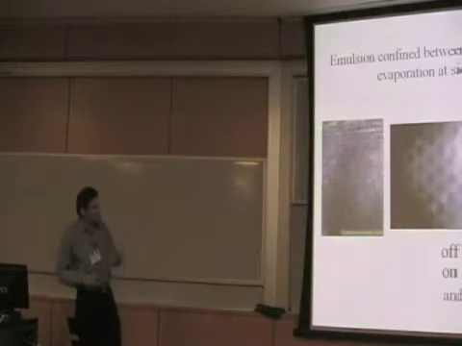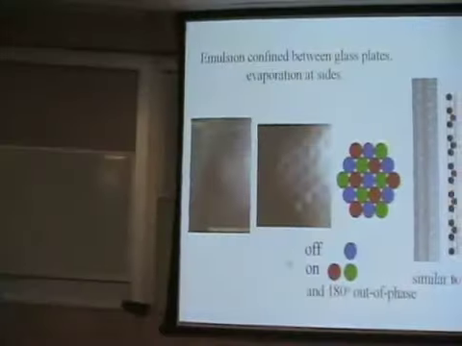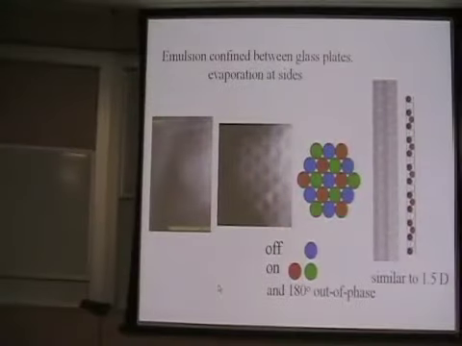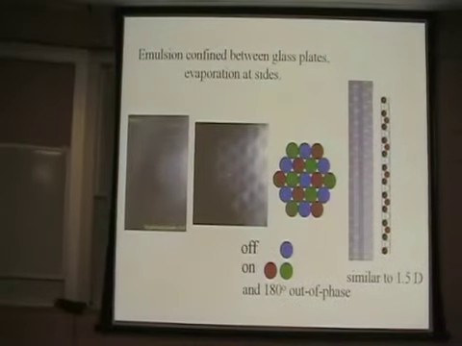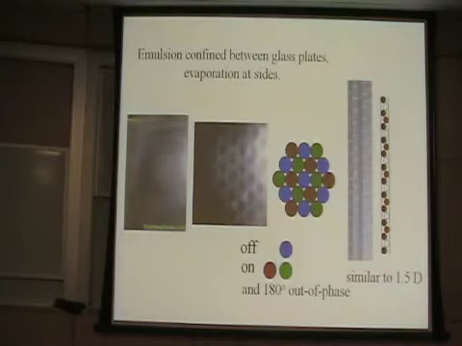But then you do a slightly different experiment. Here we use slightly different chemical conditions, and what happens after time is every third drop turns off, and then the remaining ones oscillate 180 degrees out of phase. If you take the intensity, a space-time plot across these 5 drops, the red and green oscillate 180 degrees out of phase.